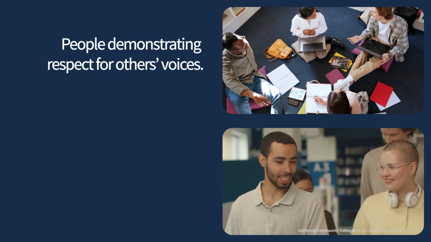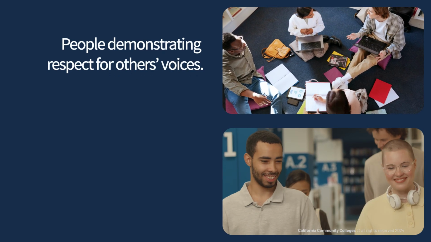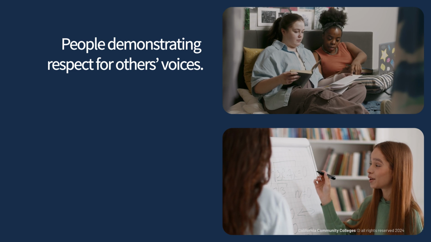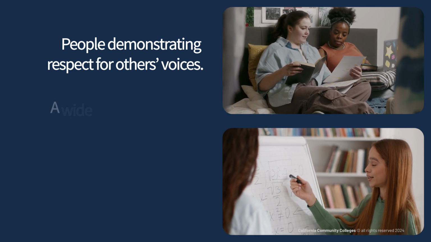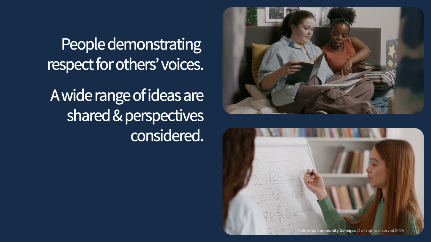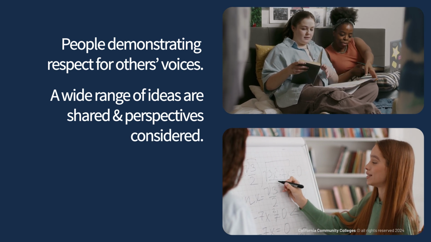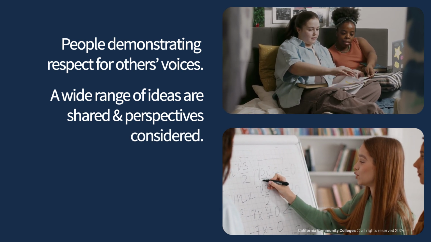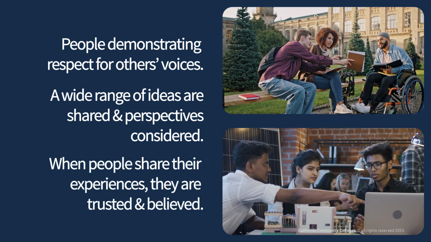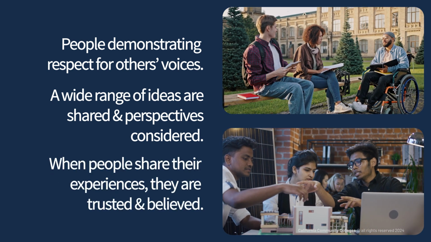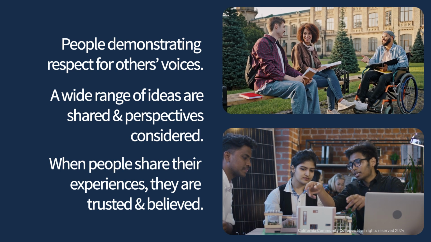People demonstrating respect for others' voices, whether they are sharing an academic opinion or non-consent to a social or sexual invitation. A wide range of ideas are shared, and when conflict arises, people respectfully consider each other's perspectives. When people share their experiences, they are trusted and believed.